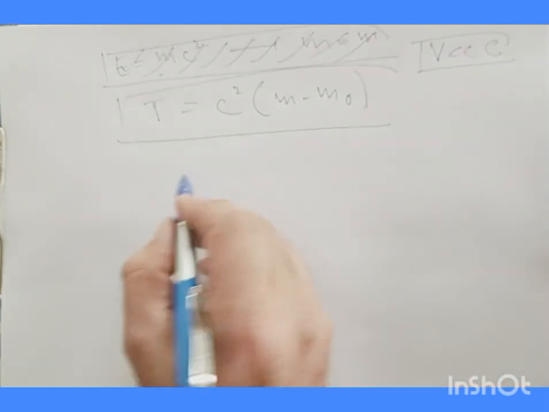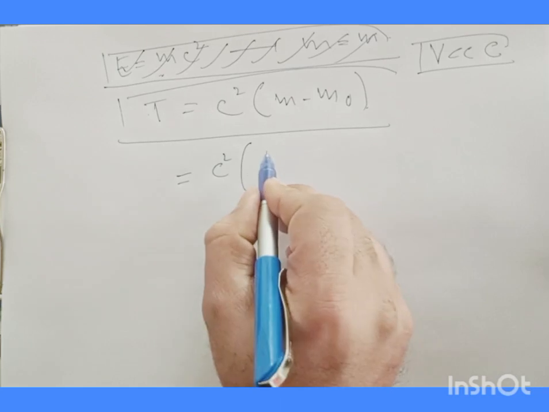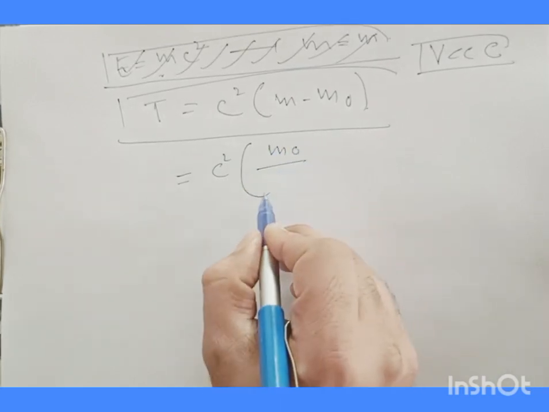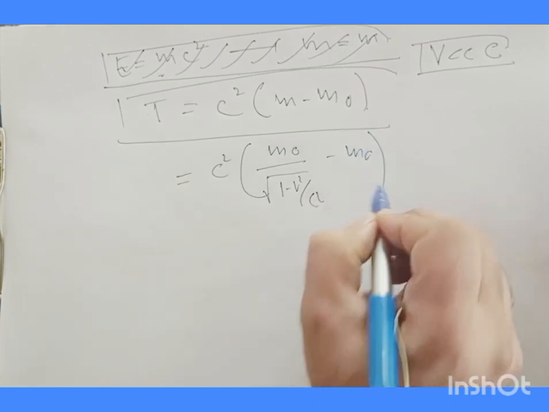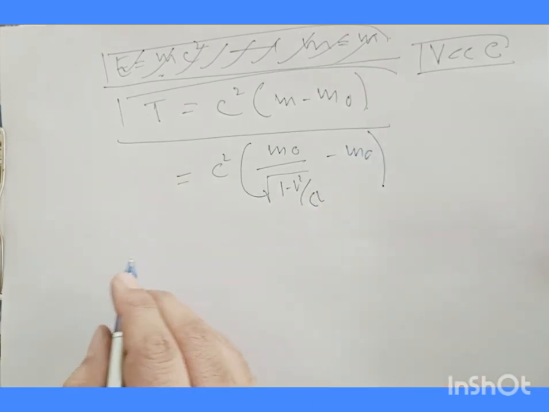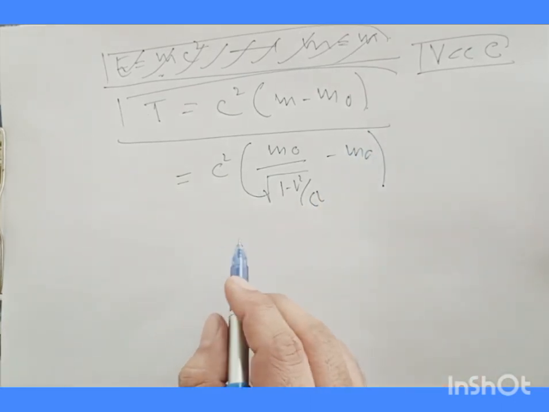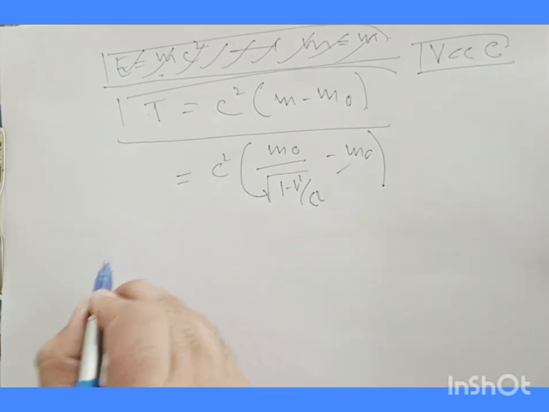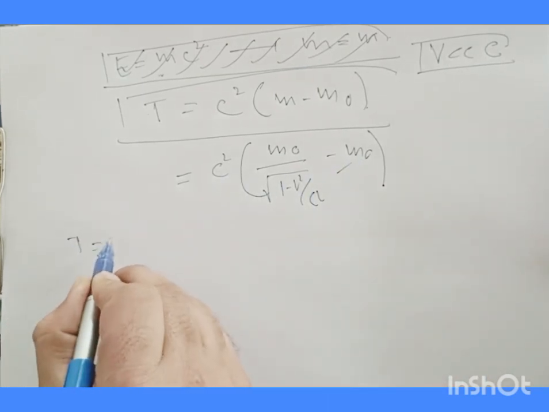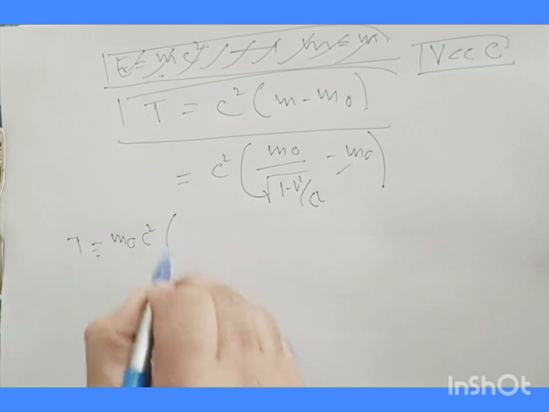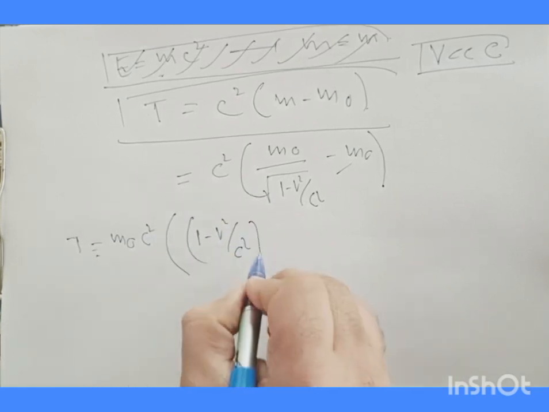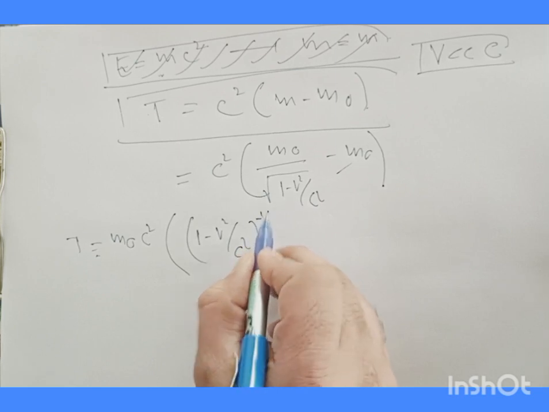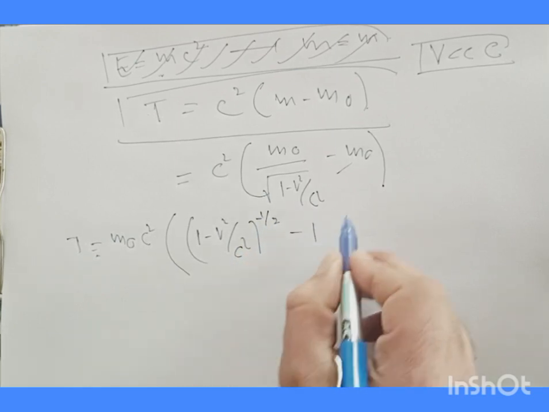So here what we can do is we have c square times m naught by under root of 1 minus v square by c square, minus m naught. That should be the case. What I can take common here is m naught c square, so T will be m naught c square times (1 minus v square by c square) whole raised to the power minus 1 by 2, minus 1.